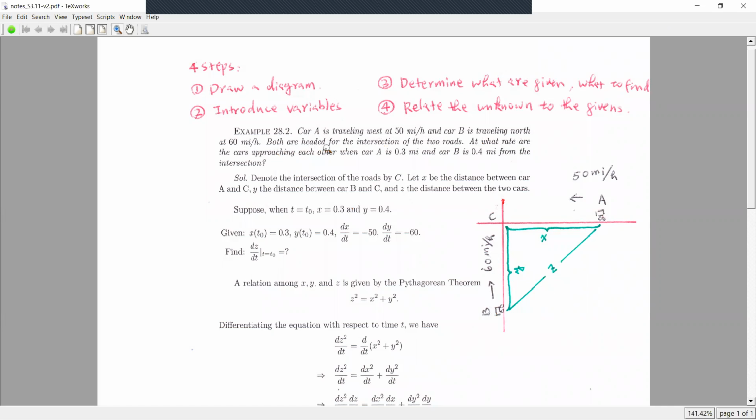Both are headed for the intersection of two roads. Now the question is, at what rate are the two cars approaching each other at the instant when car A is 0.3 miles and car B is 0.4 miles from the intersection?